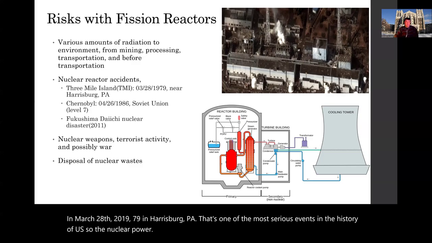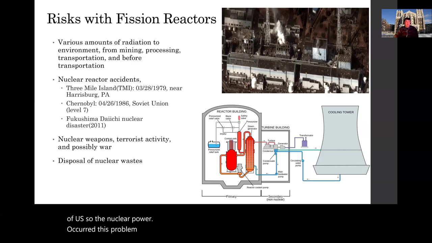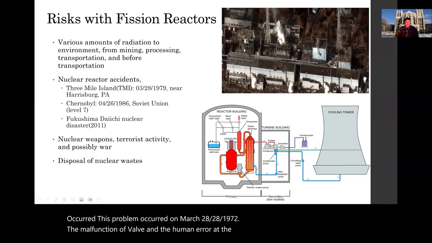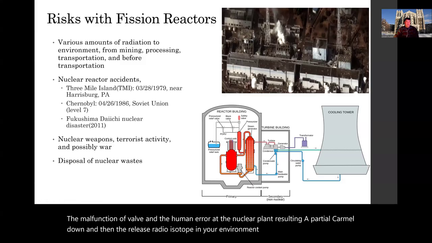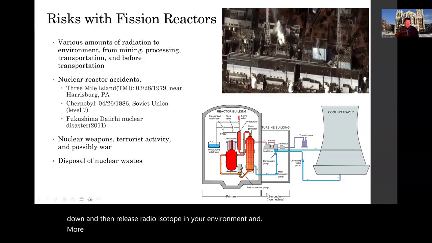A valve malfunction and human error at the nuclear plant resulted in a partial core meltdown, and radioisotopes were released into the environment. Intense radiation was released in the interior part of the entire structure.